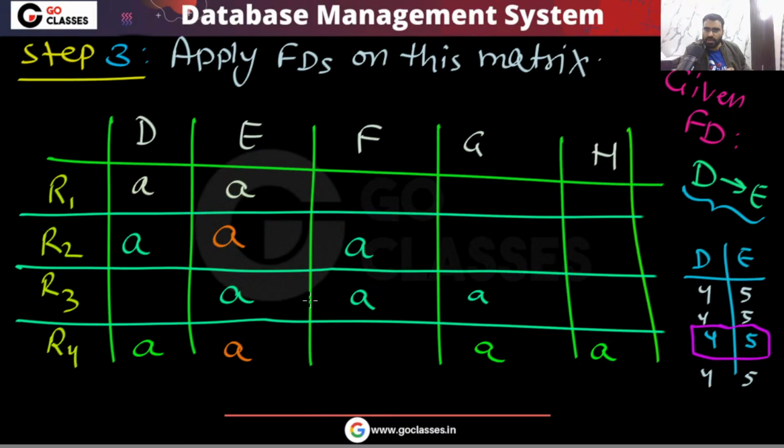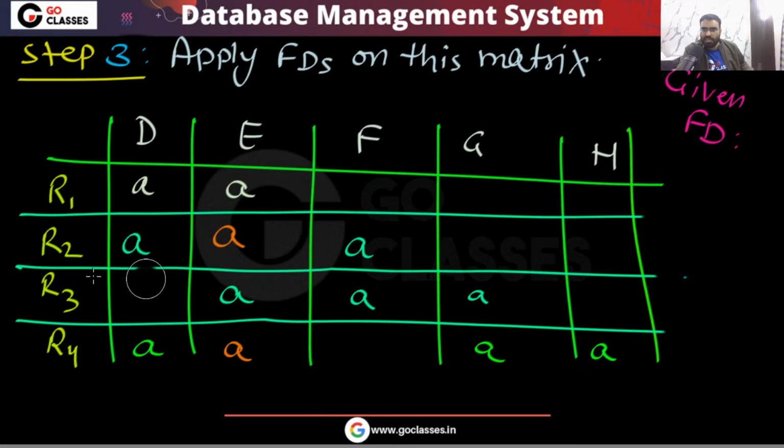Understood? Now let's assume that one more functional dependency is given to you in the question, and that is DE determining H. Then tell me, in this situation what will we do? Again, very simple.